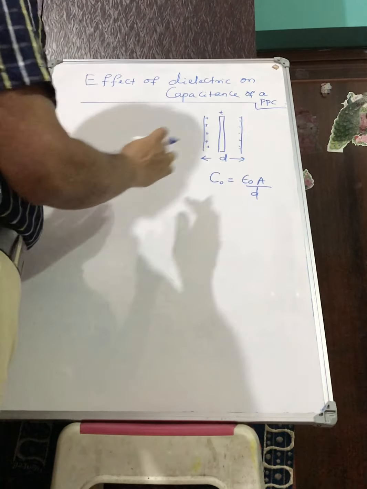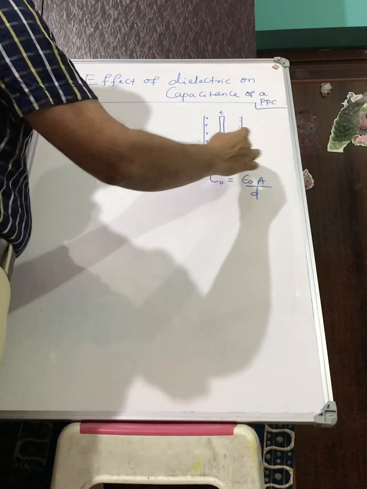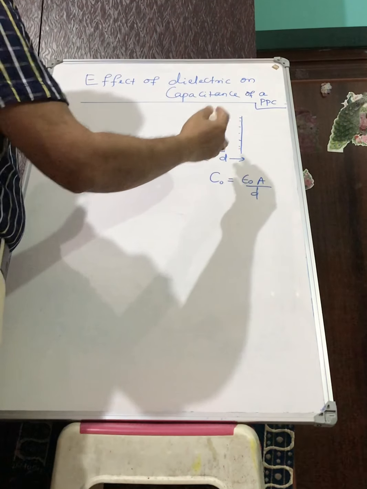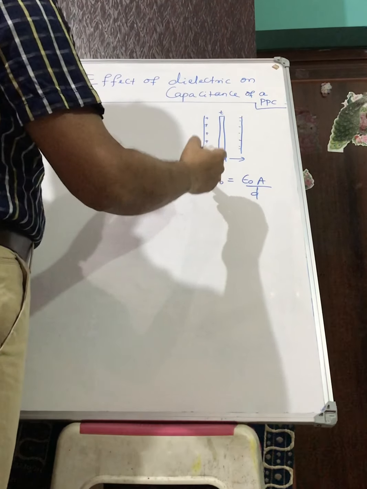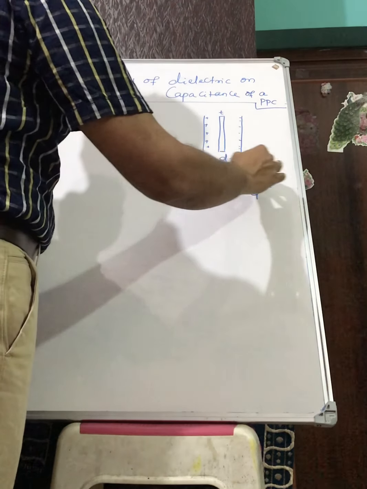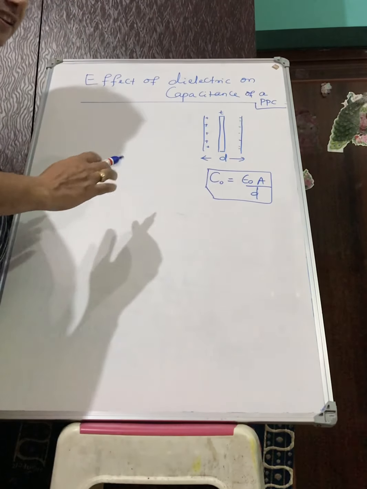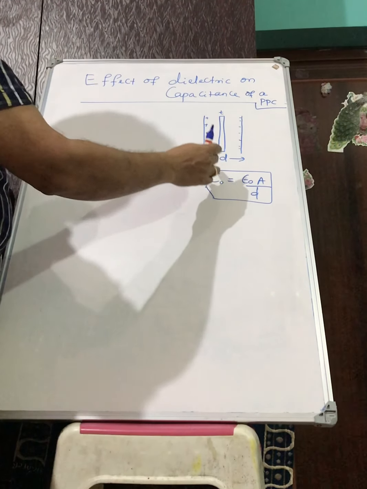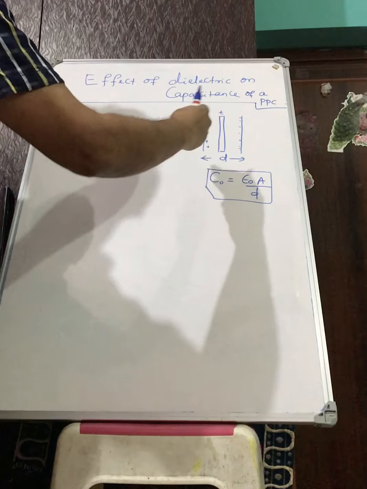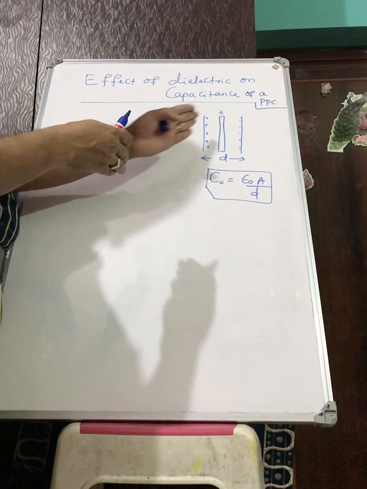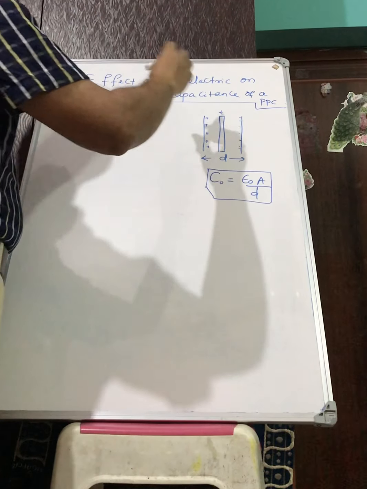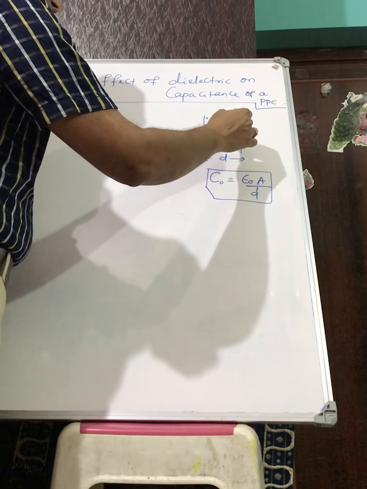This is a parallel plate capacitor and the distance between the plates is taken as d. Initially there was vacuum, or air, between the plates. The capacitance we have already calculated is epsilon 0 A by d. Now I am taking it as C0, because I have to calculate the capacitance when there is a dielectric between the plates. So now let us keep a dielectric in between the plates.